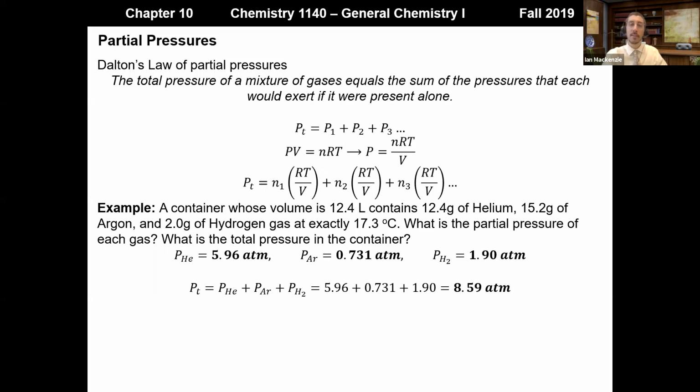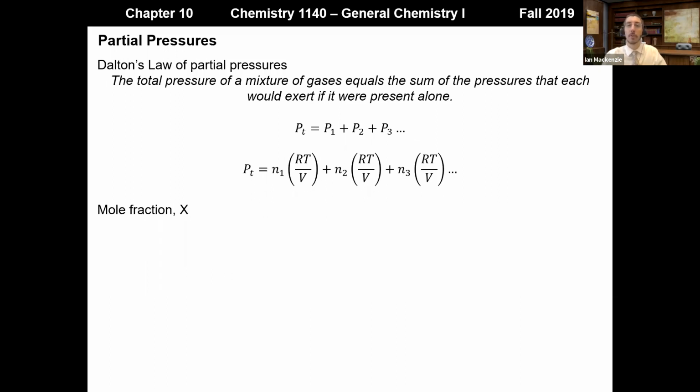Now, while we're on this discussion, there is one other factor that's worth mentioning. That's something known as the mole fraction. The mole fraction is given the symbol X, and it is simply the number of moles of any gas over the total number of moles that are present.